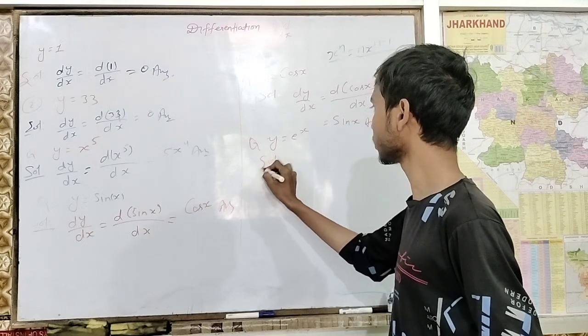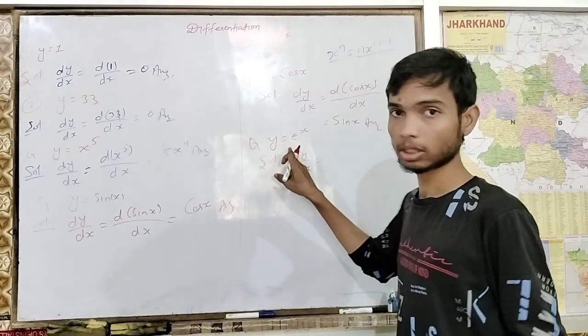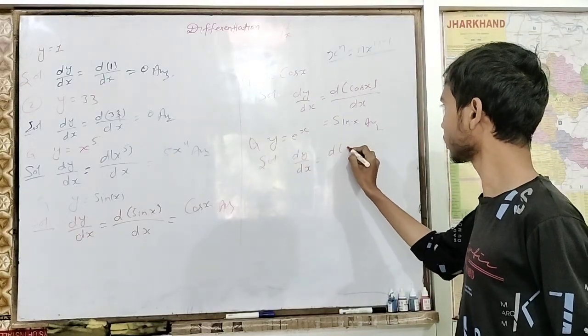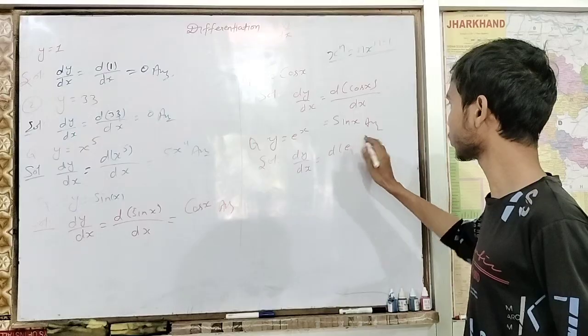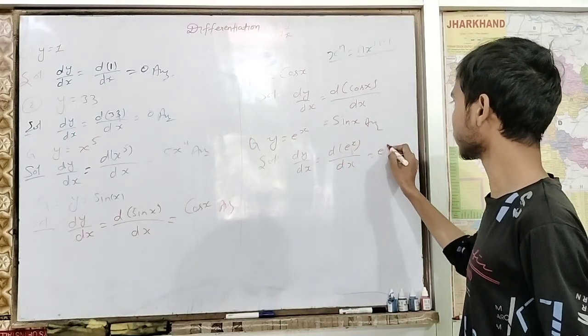So solve this. Look over here. dy upon dx, we are representing this. So d e raised to power x upon dx will be as it is.